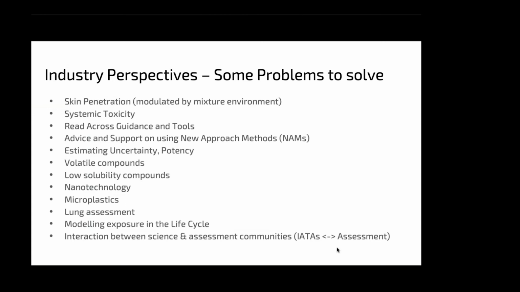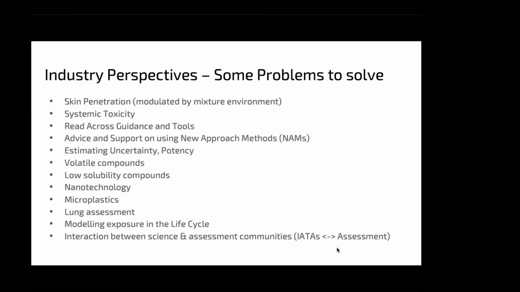Predicting skin penetration in mixtures is an important problem, and we may need to reevaluate systemic toxicity when we have more penetration than was initially predicted. There's a strong interest in using read across so we can better leverage existing information on other compounds or other mechanisms that may be relevant for our own particular situation.